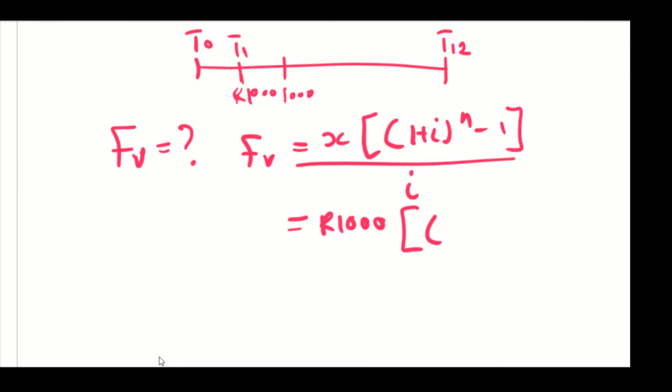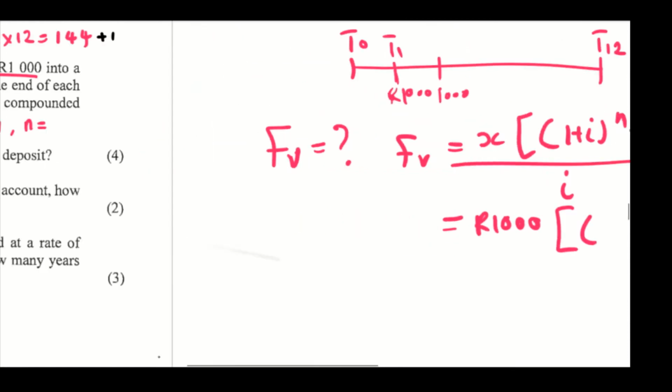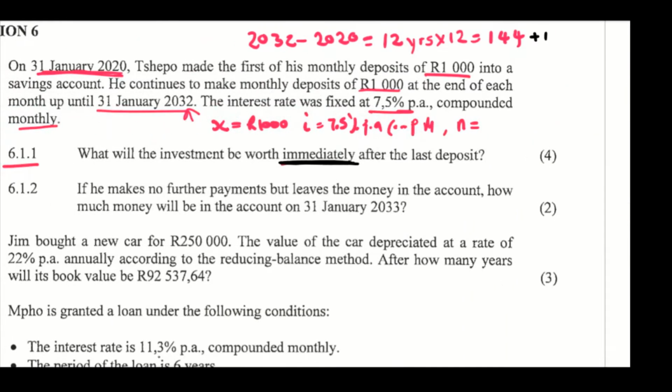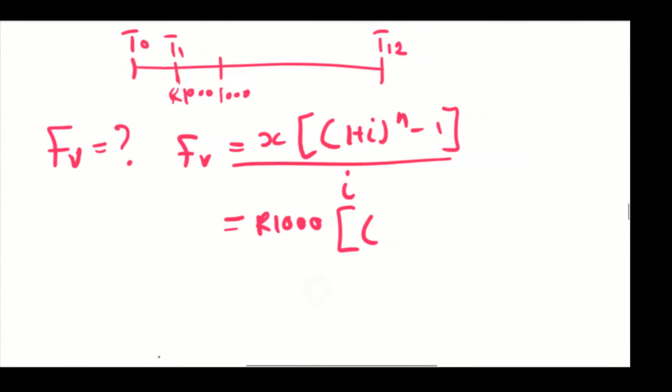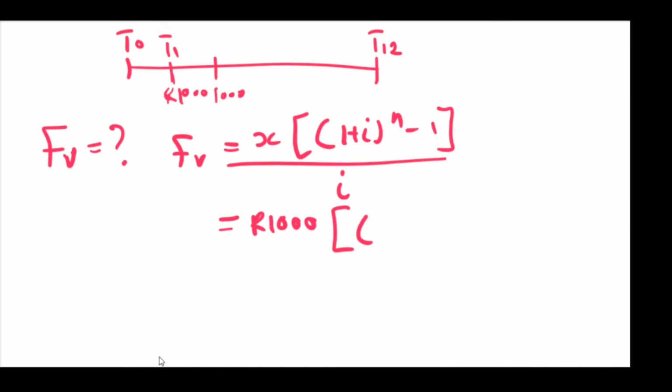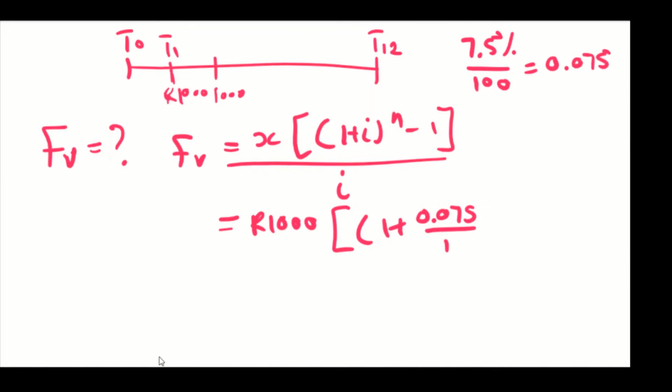The interest rate is 7.5% compounded monthly. So it's just going to be 1 plus 7.5%, you can write 0.075, because 7.5% divided by 100 will give you 0.075. It's compounded monthly, so it's divided by 12, to the power of 145.